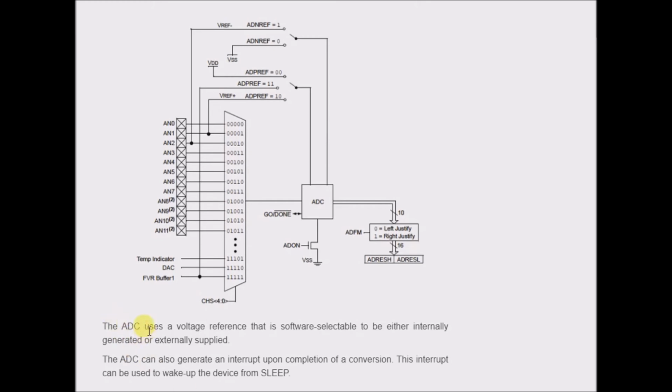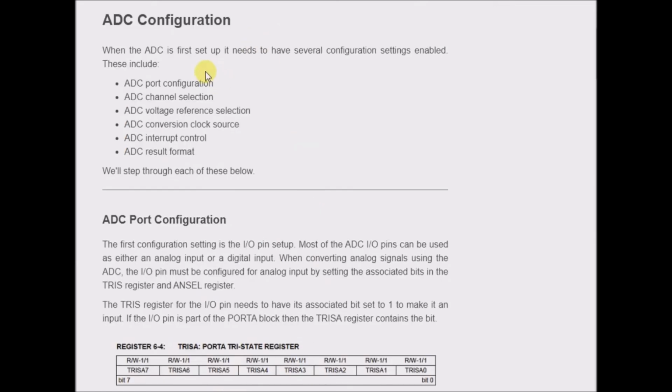The ADC uses a voltage reference that is software selectable to be either internally generated or externally supplied. The ADC can also generate an interrupt upon completion of a conversion. This interrupt can be used to wake up the device from sleep. ADC configuration.